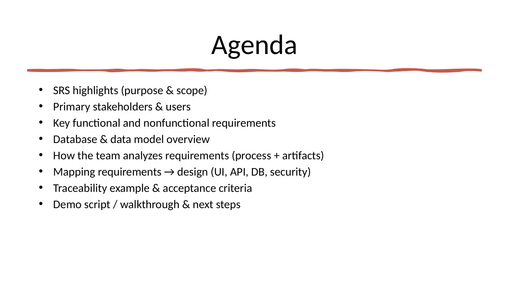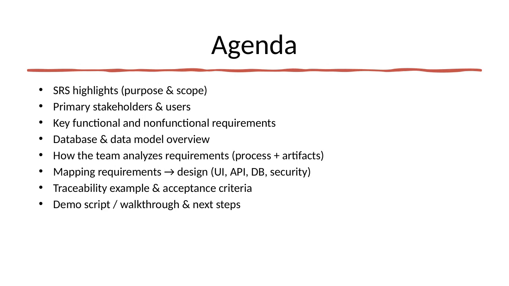To illustrate this connection, we'll provide an example of traceability and discuss acceptance criteria, which are essential for validating that the system meets the agreed requirements. Finally, we'll wrap up with a demo script and walkthrough, followed by next steps to keep the project moving forward smoothly.